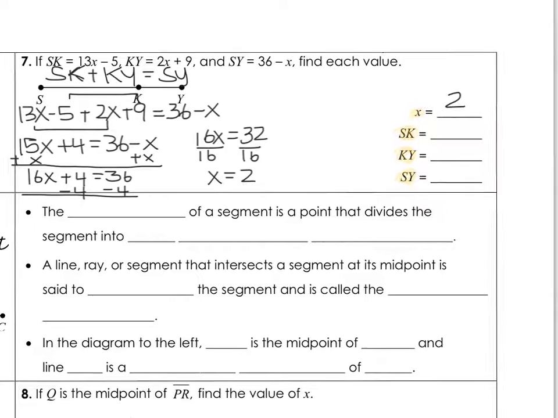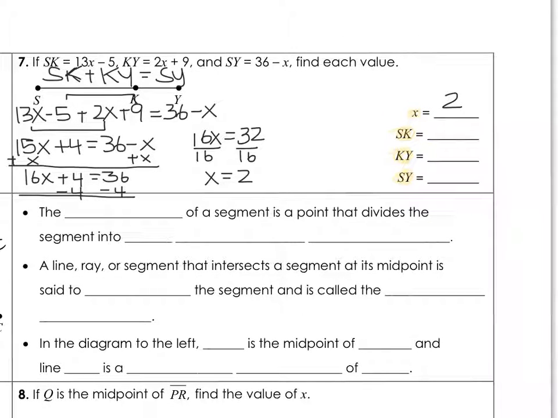And how do I find SK? It says 13x minus 5, so 13 times 2 minus 5. That's 26 minus 5, which is 21. KY is 2 times 2 plus 9. 4 plus 9 is 13.